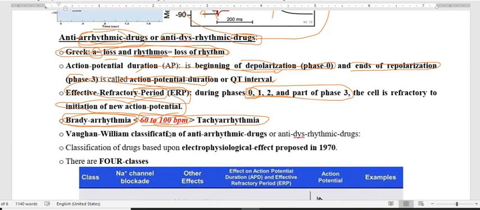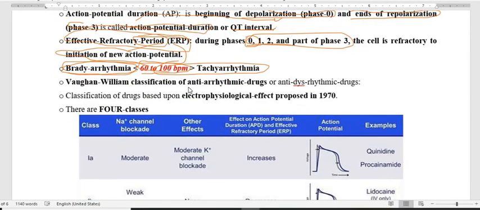Now we have to discuss the classification of antiarrhythmic drugs, or the drugs used for the treatment of arrhythmia, the anti-dysrhythmic drugs. This was first classified by Vaughan-Williams in the year 1970, based upon electrophysiological effect.